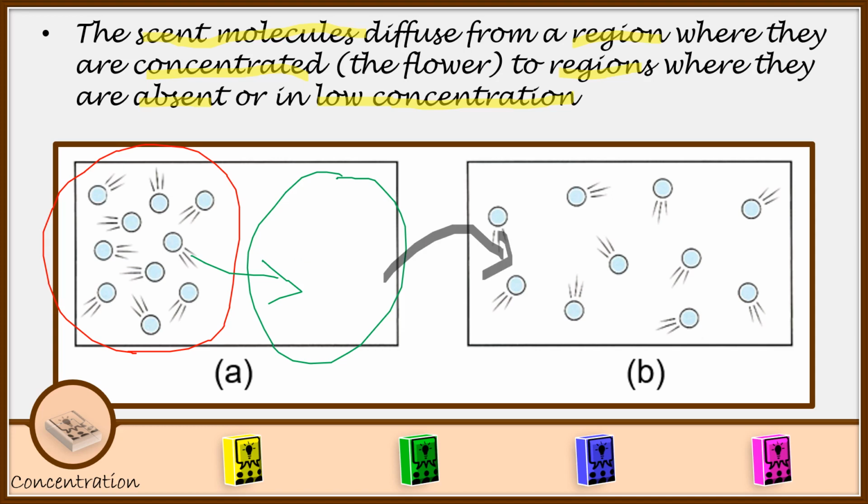When you look here, you will see that all the particles are far away from each other, meaning that they have diffused from a region of their high concentration to a region of their low concentration until an equilibrium is reached.